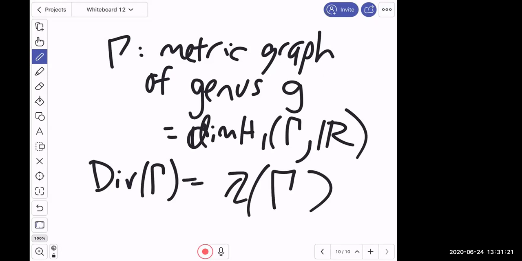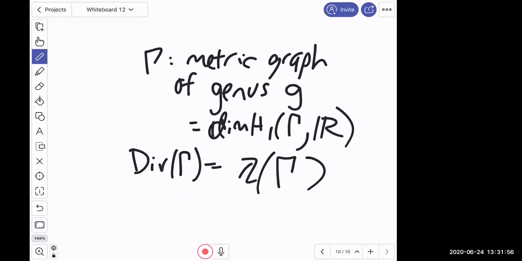So the metric graph itself is an uncountable set because we now allow subdivisions, and not just equal subdivisions, but arbitrary subdivisions, which means that any point along any edge can be considered as a vertex now. So I'm thinking of gamma as each edge of the graph being a real line segment, and all the points on that segment are points of my graph. So I have the free abelian group on gamma.